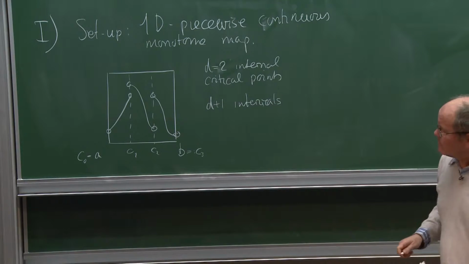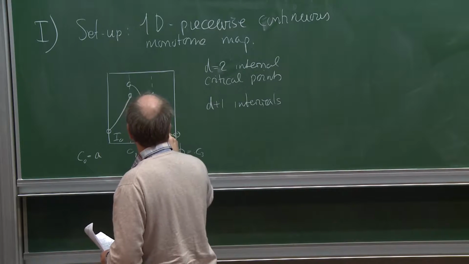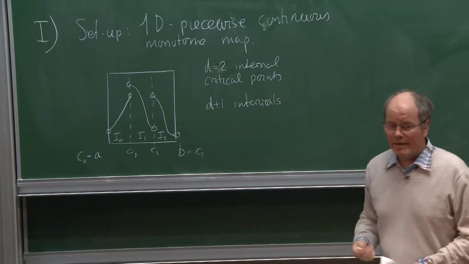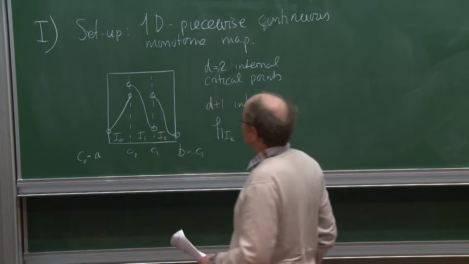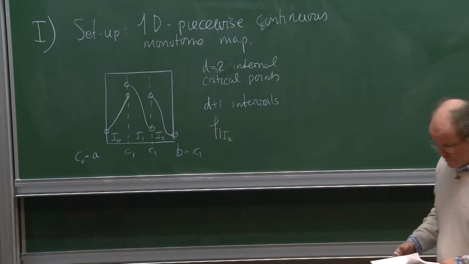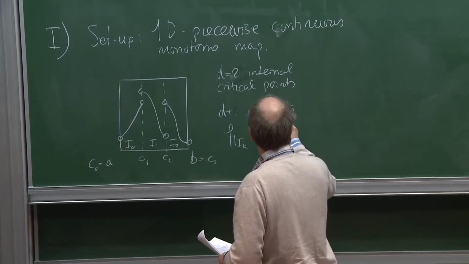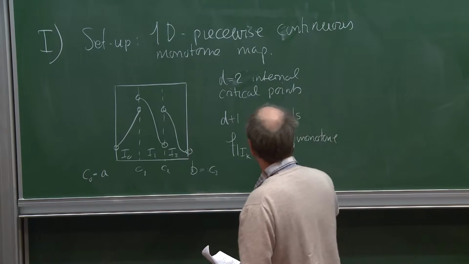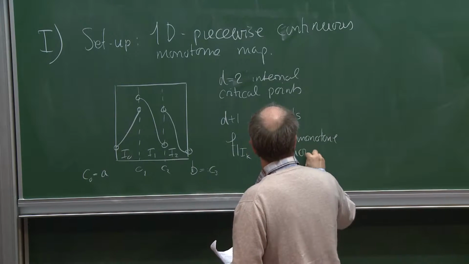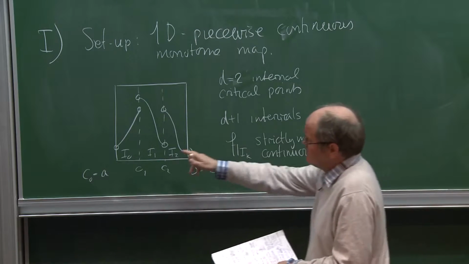And on each of these intervals, let me call them I0, I1, I2, you have a map F restricted to I_k. I_k is an open interval, and the map is strictly monotone and continuous. So the map is partially defined because it's not defined at these critical points.